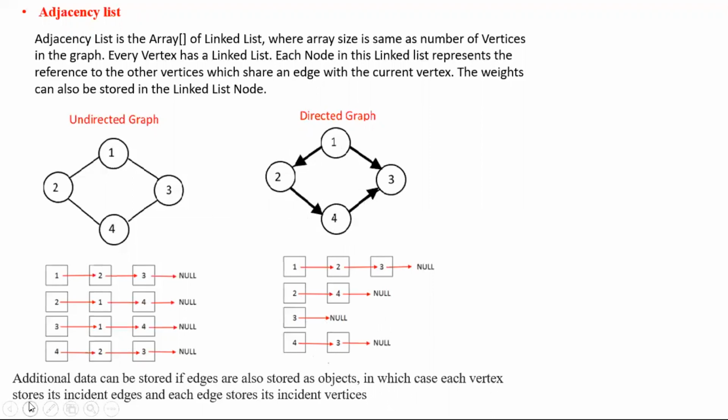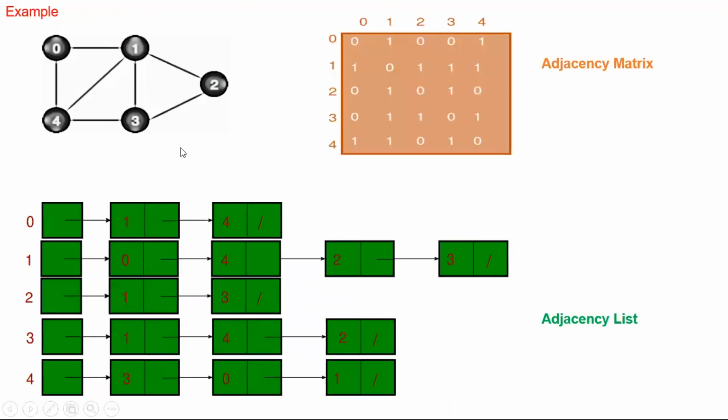Here is an example. We have the undirected graph. This is the adjacency matrix of size 5 by 5, 5 rows, 5 columns, as you see. And this is the adjacency list for this graph.